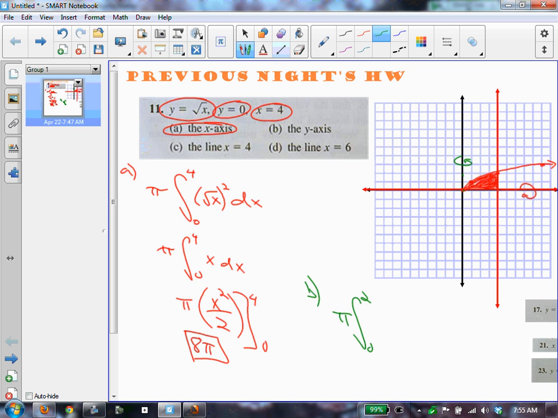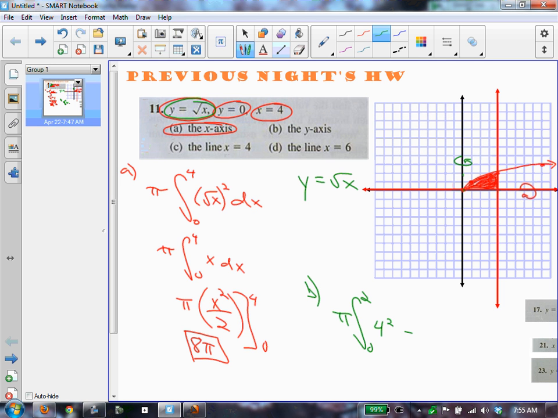Still going to have my pi out here. Top, quote unquote, 4, squared, minus bottom. It's not going to be the x-axis. No, because now we're coming in, the bottom is the square root of x. Now, it's that formula, but because we're going the other way, I want that solved for x.